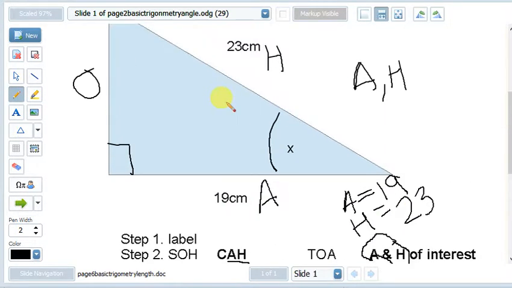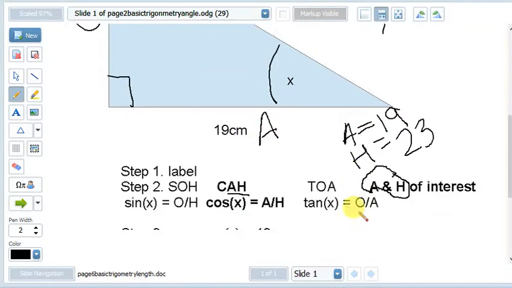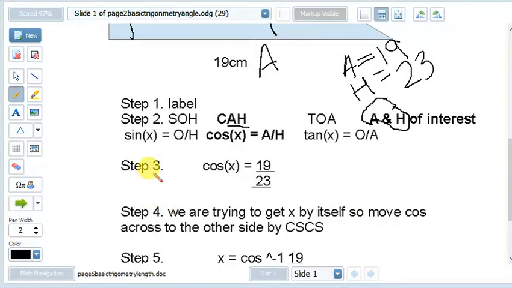Okay, and you can see that quite clearly here. H is that, and A is 19. So now, step 3, we say cos x equals 19, which is A, over H, and H is 23.